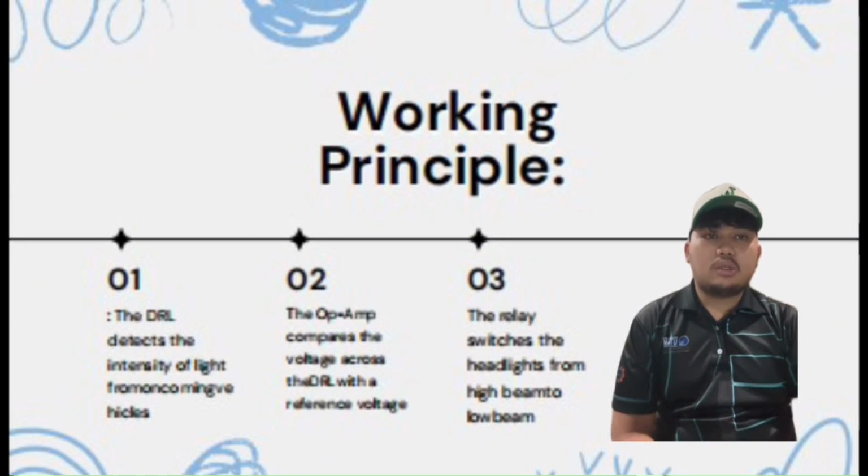If the LDR voltage is lower than the reference, the op-amp outputs a signal to activate the relay. Relay operation: the relay switches the headlight from high beam to low beam when the op-amp output signal is received, dimming the headlight automatically.